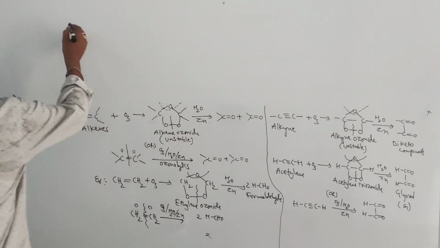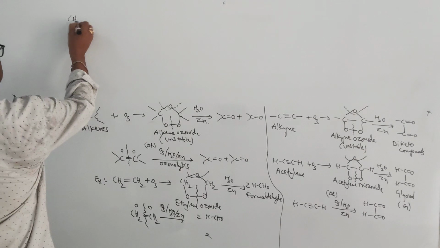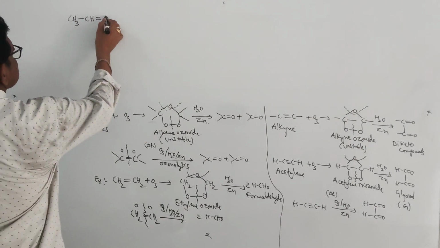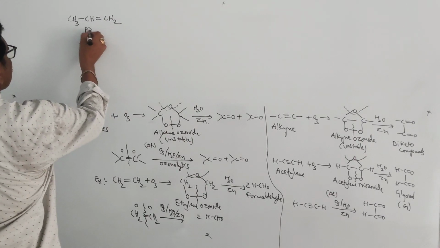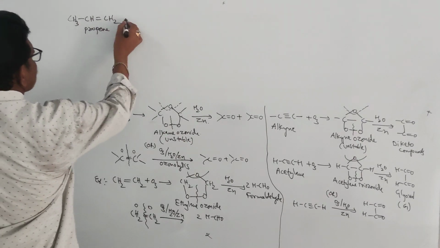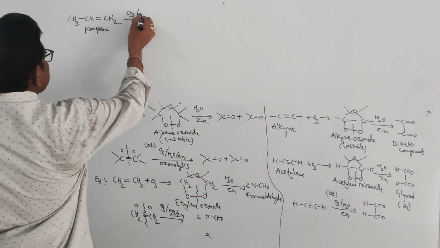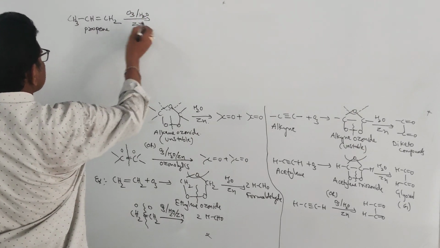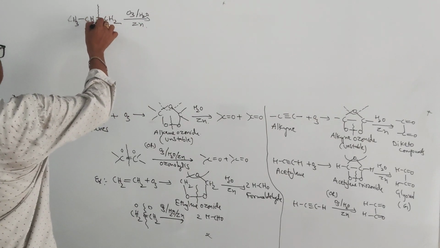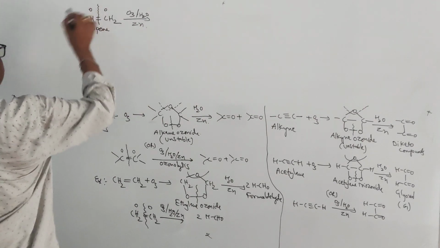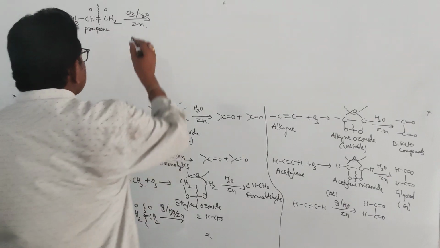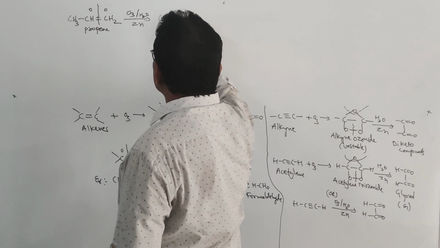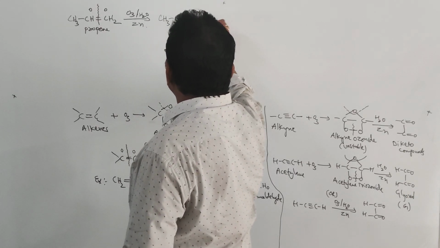Now I take CH3 CH double bond CH2. What is this? Propene. Propene on ozonolysis, O3, H2O and zinc, you cut the double bond and put oxygen atoms on either side. Ultimately you are getting 1 mole of acetaldehyde and another one is formaldehyde.